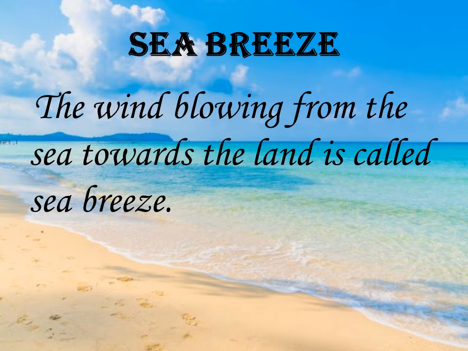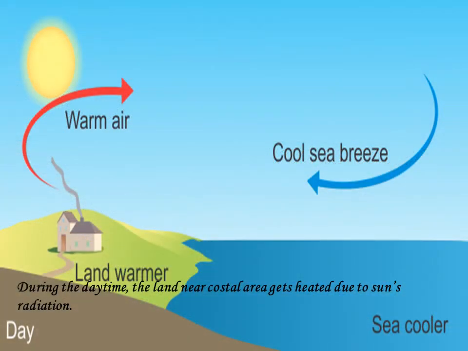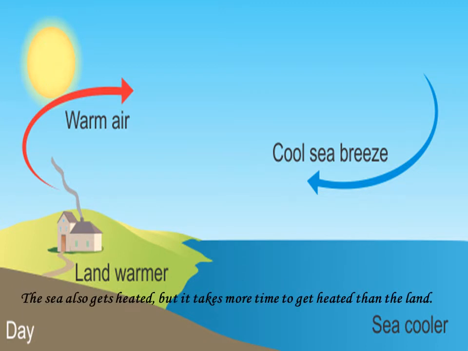Sea breeze. The wind blowing from the sea towards the land is called sea breeze. During the daytime, the land near the coastal areas gets heated due to the sun's radiation. The sea also gets heated, but it takes more time to get heated than the land.